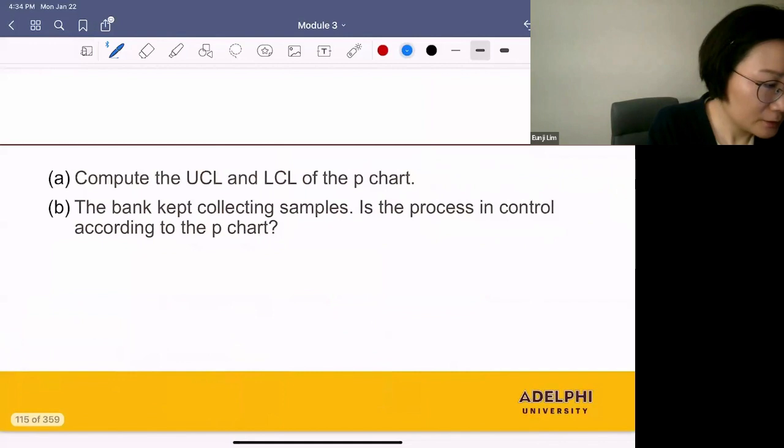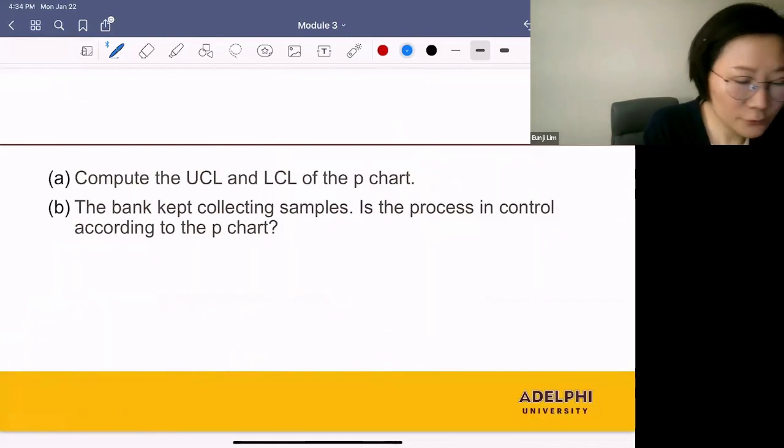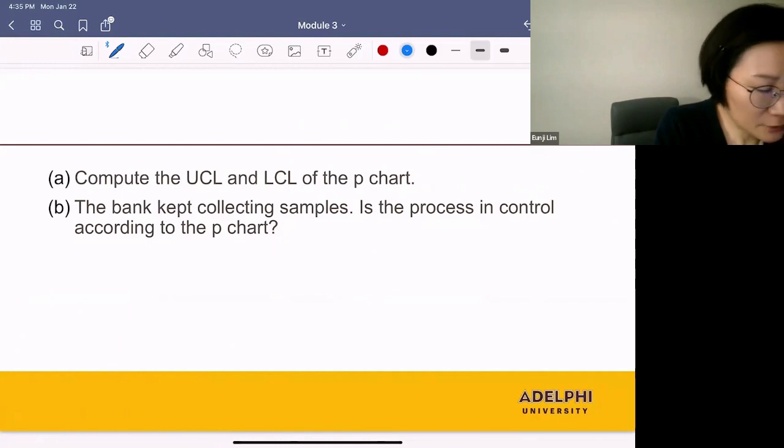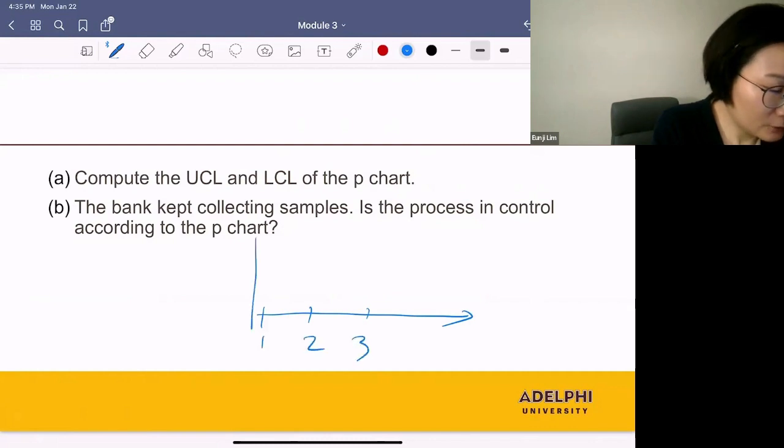So part A, compute the control limit, upper control limit and the lower control limit of the P chart. In the P chart, in the x-axis, we're going to put every week. And on the y-axis, we're going to put the sample proportion.